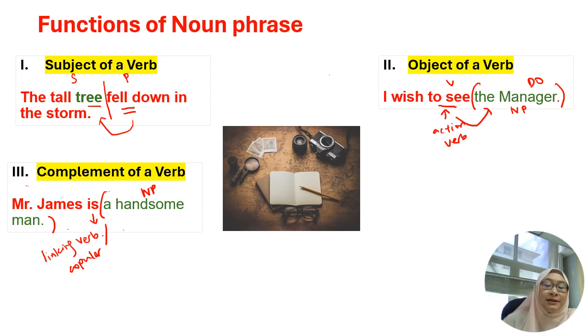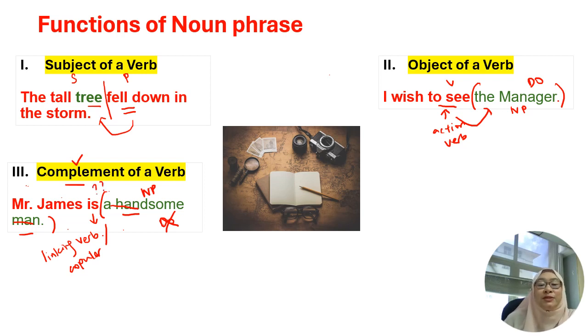However, after a linking verb or a copular verb, this a handsome man is not a direct object. It is known as the complement of the verb, meaning that this noun phrase actually completes the linking verb. If you don't put any noun phrase here, Mr. James is, it becomes hanging.